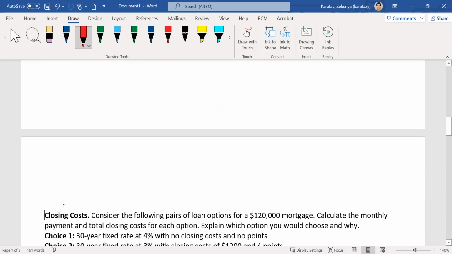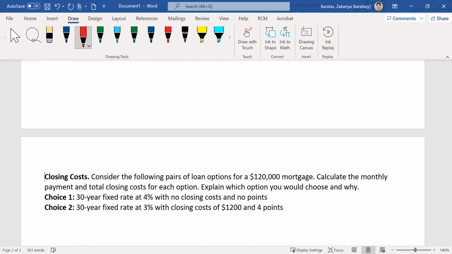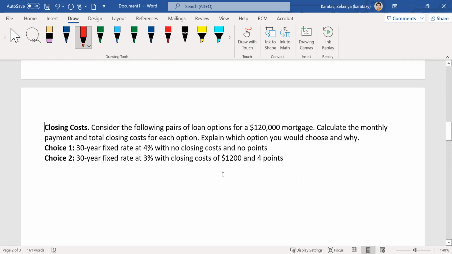This is about mortgages. For mortgages, it's just the same as the loan, but this time it's going to be a bigger amount. As you see, even right now it's much higher than this. But let's say you want to borrow money, a loan, $120,000, and I put here two different options.